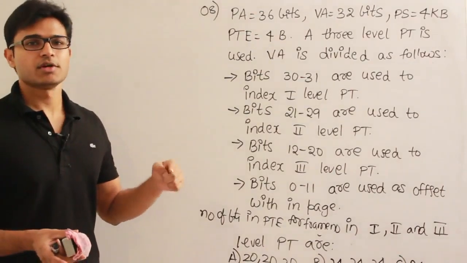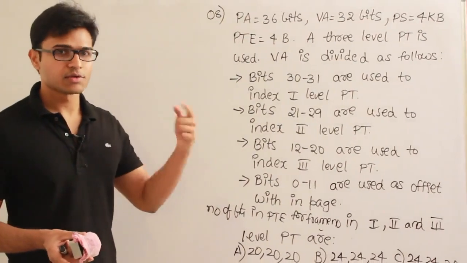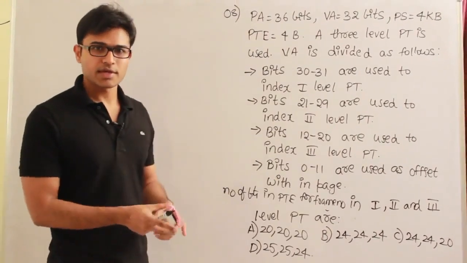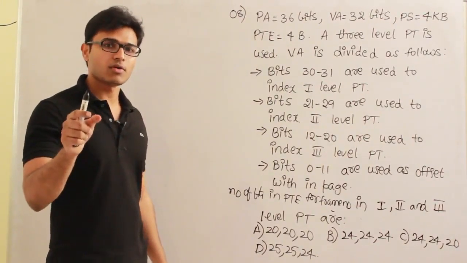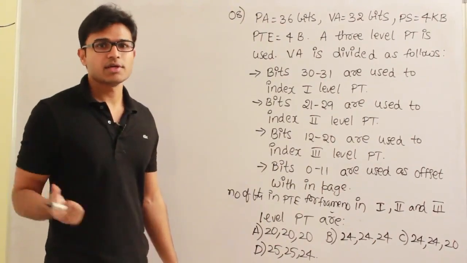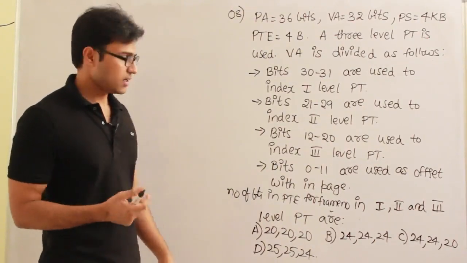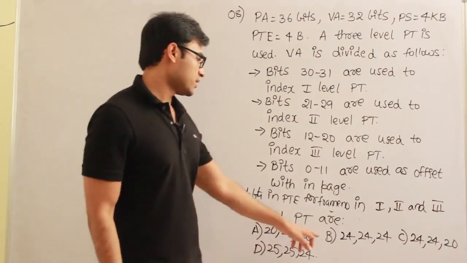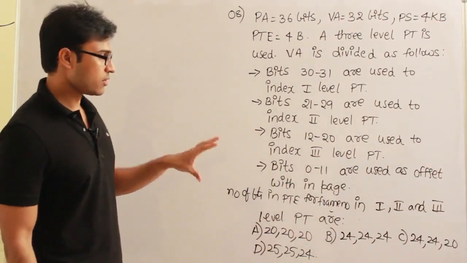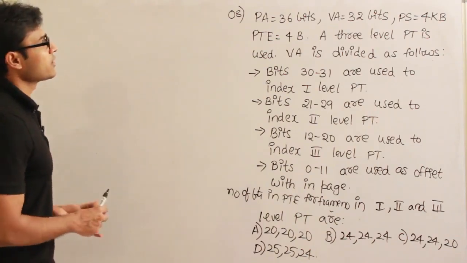The number of bits which are used to refer to a frame number is always going to be same, because main memory is divided into frames, and the number of bits used to identify a frame is always going to be same for all the levels, right? So either it will be 20 20 20 or 24 24 24, which means in all the 3 page tables we are going to get the same number. So you can directly do it.